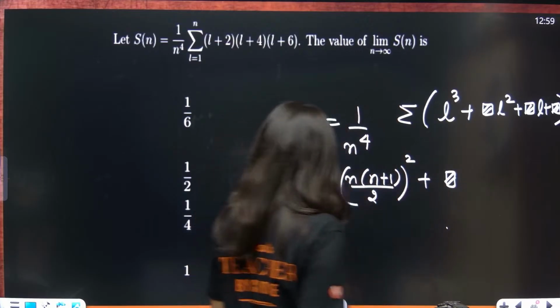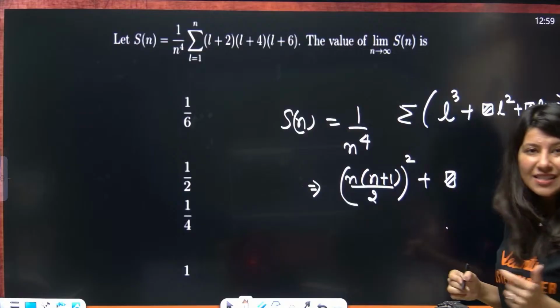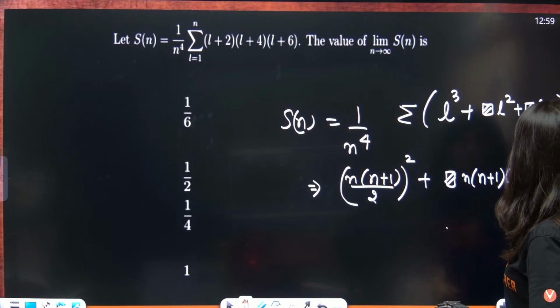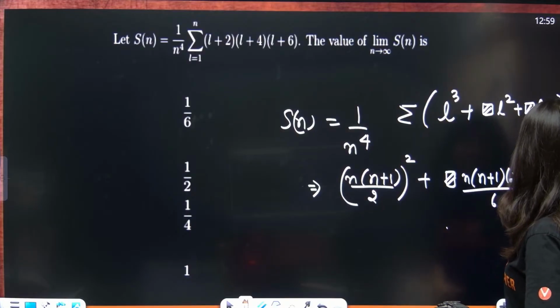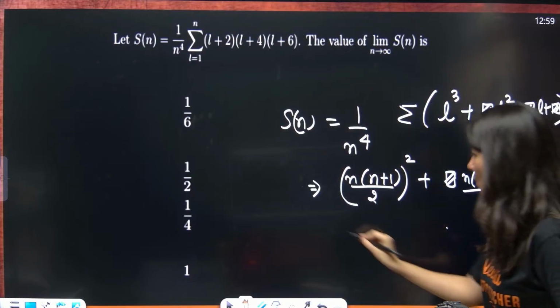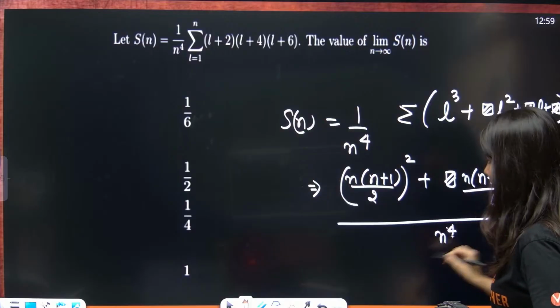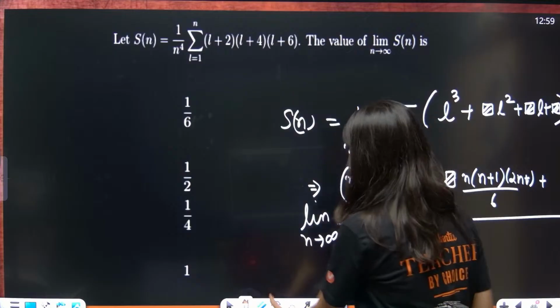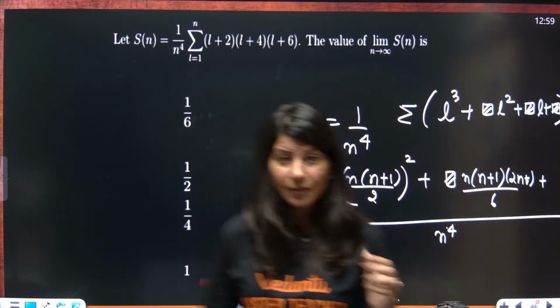Now sigma L square. Sigma L square. Do you remember the formula? n into n plus 1 into 2n plus 1 by 6 and so on, whole upon n power 4. And what you're looking for is limit n tend to infinity is what you want. Remember the ninja technique?